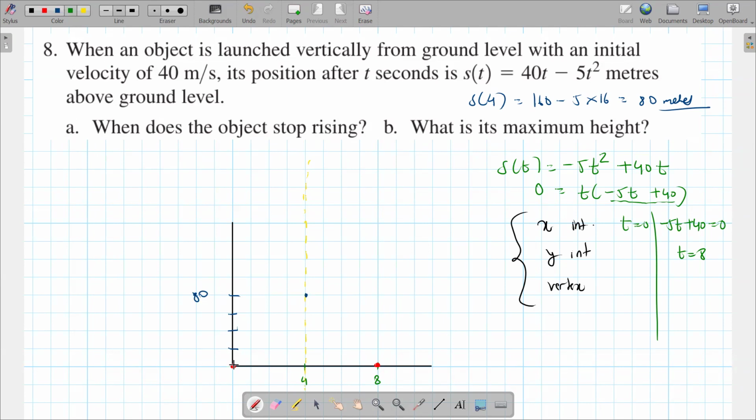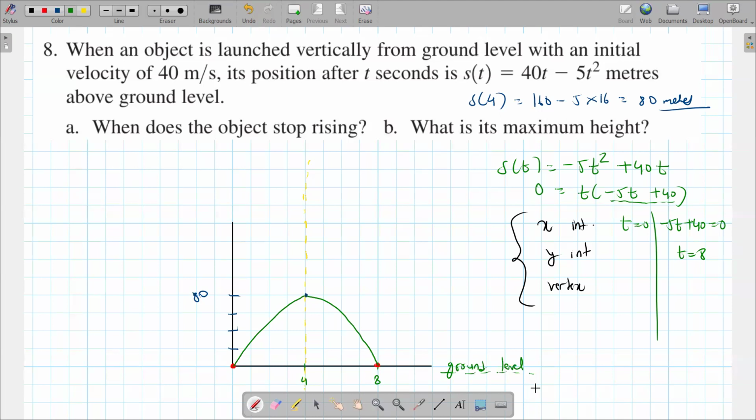And we have our sketch. We're not concerned about the negative x-axis, and we're not concerned about underground. This is our ground. The x-axis will always be the ground level. Was that difficult to graph? No. Once you have this, it's a 10-second answer. When does the object stop rising?